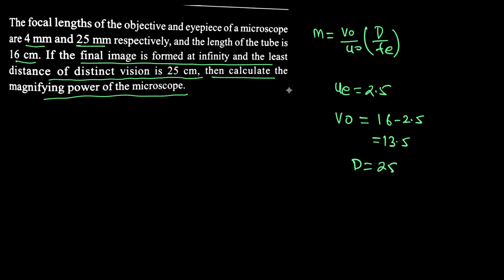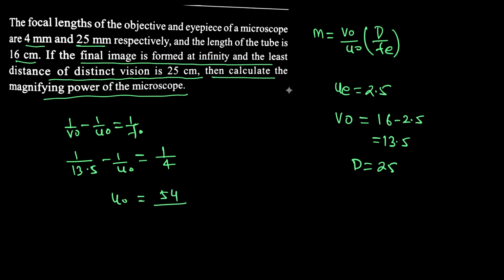Now if I use this formula, 1 by VO minus 1 by UO is equal to 1 by FO. Now 1 by VO is 1 by 13.5, minus 1 by UO is equal to 1 by FO, and the value of FO, the focal length of the objective, is 4 mm, so that is 0.4. It means UO, if I calculate, is equal to 54 divided by 131 centimeter.